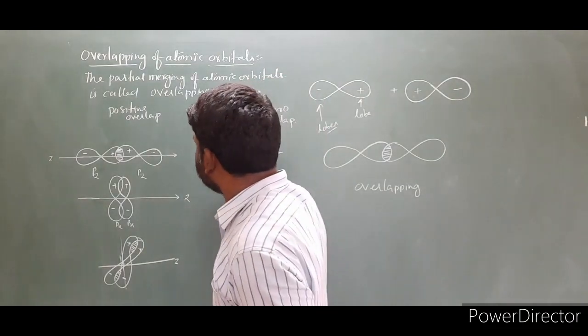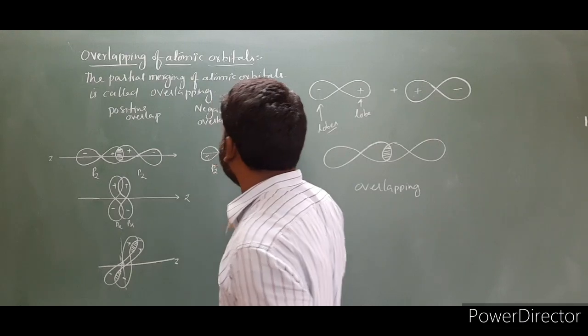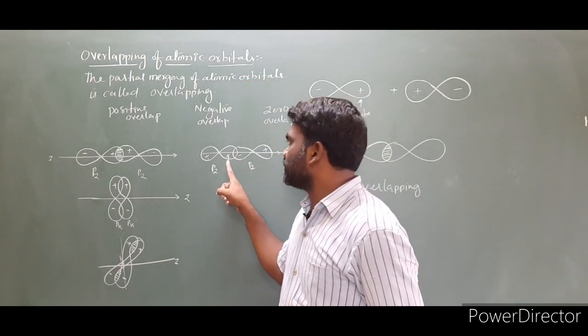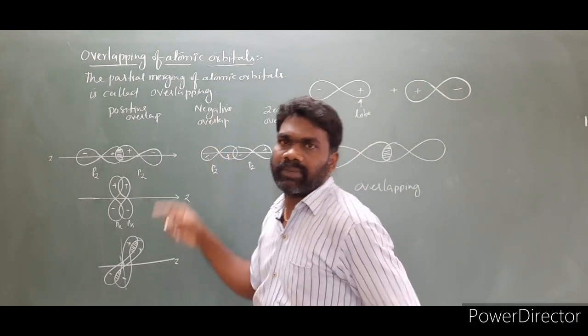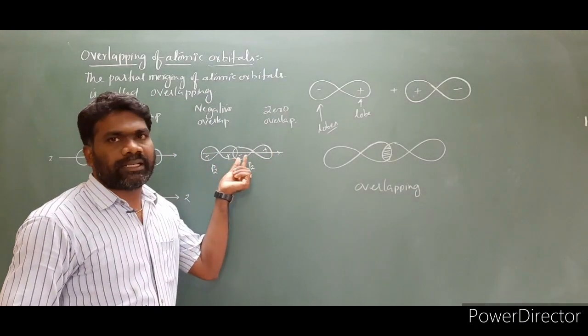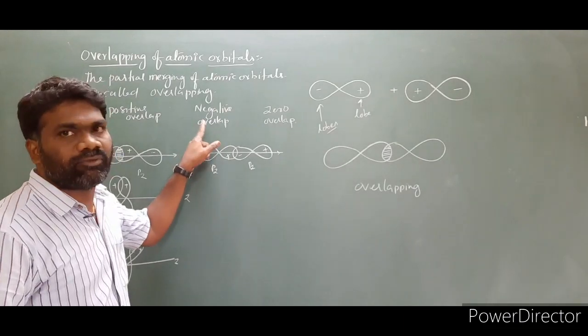Sorry, this is the negative and this is the positive. Positive lobe overlaps with negative lobe, that we have to call a negative overlapping. In negative overlapping, positive lobe overlaps with negative lobe or negative lobe overlaps with positive lobe, we have to call it a negative overlapping.